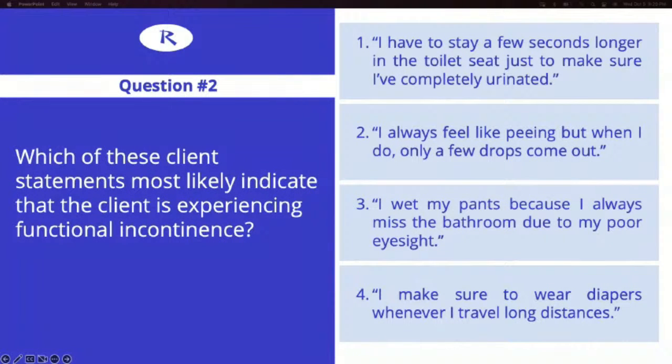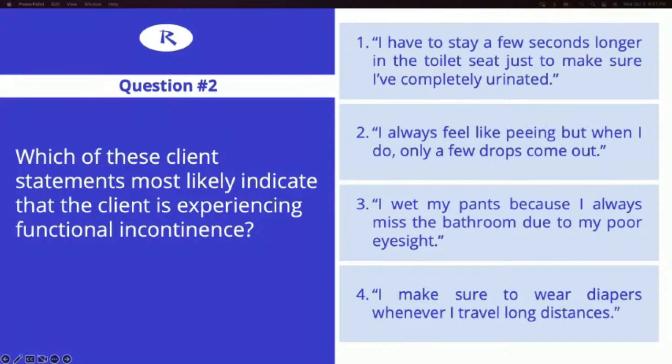Which of these client statements most likely indicate the client is experiencing functional incontinence? Here we go. Number 1. I have to stay a few seconds longer in the toilet seat just to make sure I've completely urinated. 2.